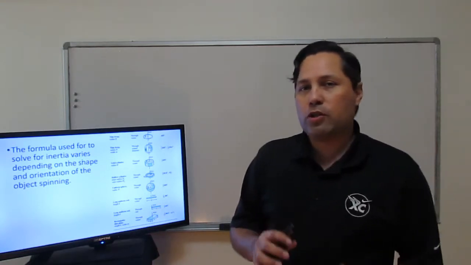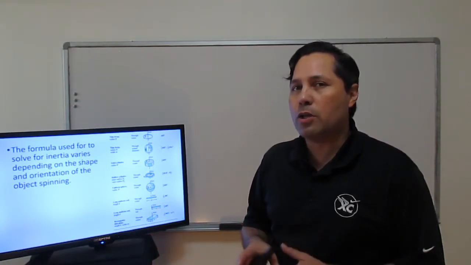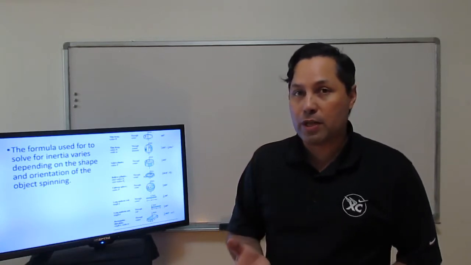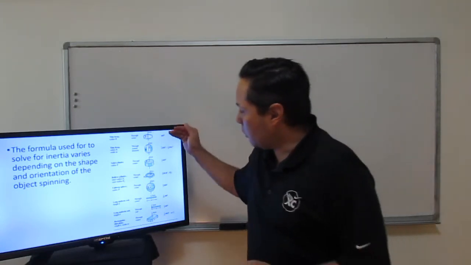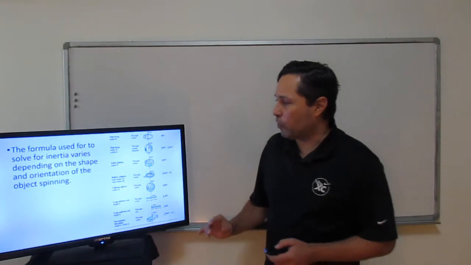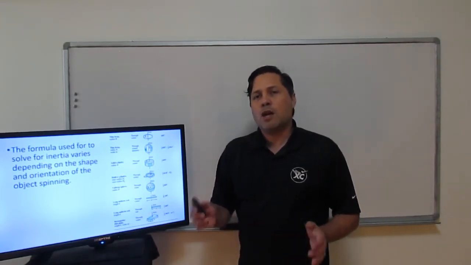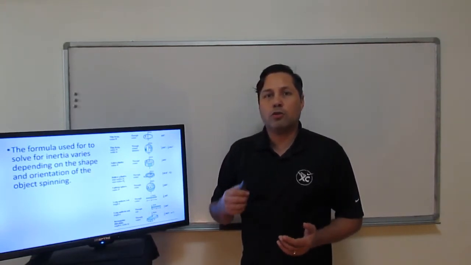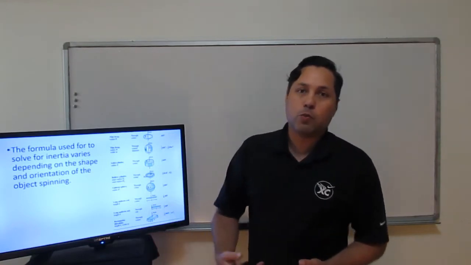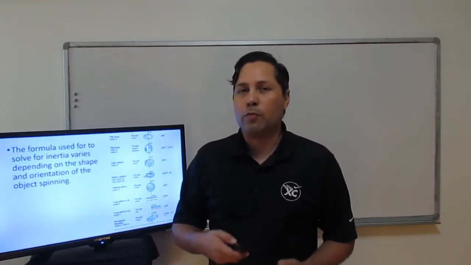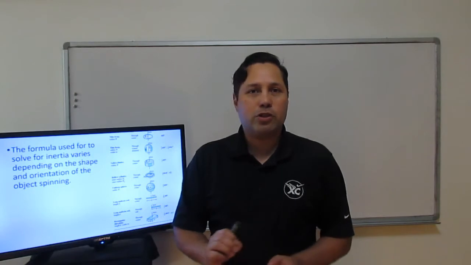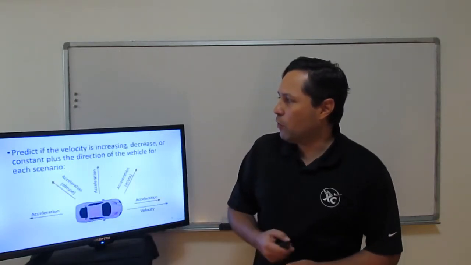So the inertia is going to vary depending on the type of object that is rotating. Alright, so you will have to look up the proper formula for the object that you're dealing with. Now that was just a quick introduction into inertia. In future units we will get more into solving problems using inertia, but right now it's just a quick introduction. Let's go ahead and move along.